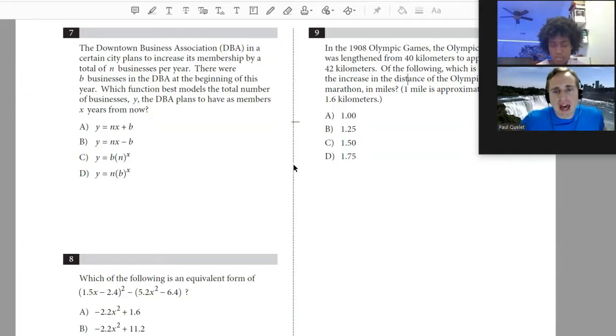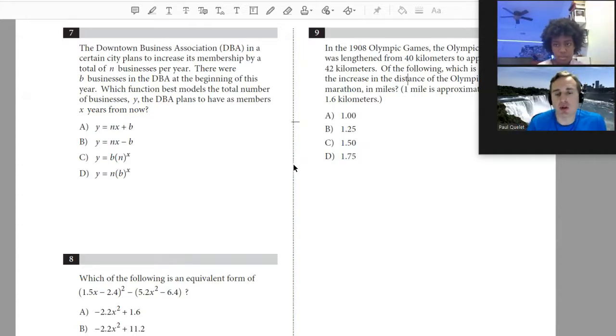If you always add, say, 10 businesses per year, then you always plus 10, plus 10, plus 10, and then however many years you've gone, you multiply that number of years times 10. Because another way to say that is multiplication is repeated addition. That's what we know multiplication to be, right? 5 times 4 is just 5 plus 5 plus 5 plus 5, right? It's repeated addition. All right, so those are a few thoughts.